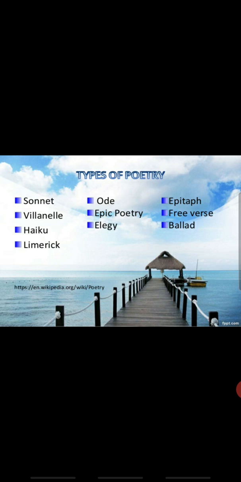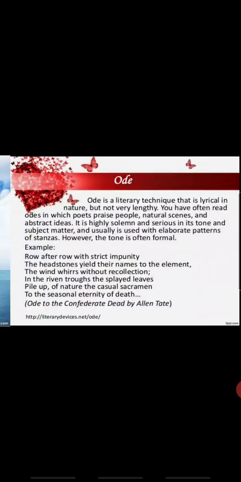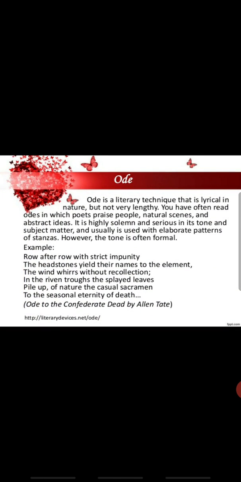And if we talk about some others also, then they are blank verse, pastoral poetry and sonnet. These are very frequently used poems.